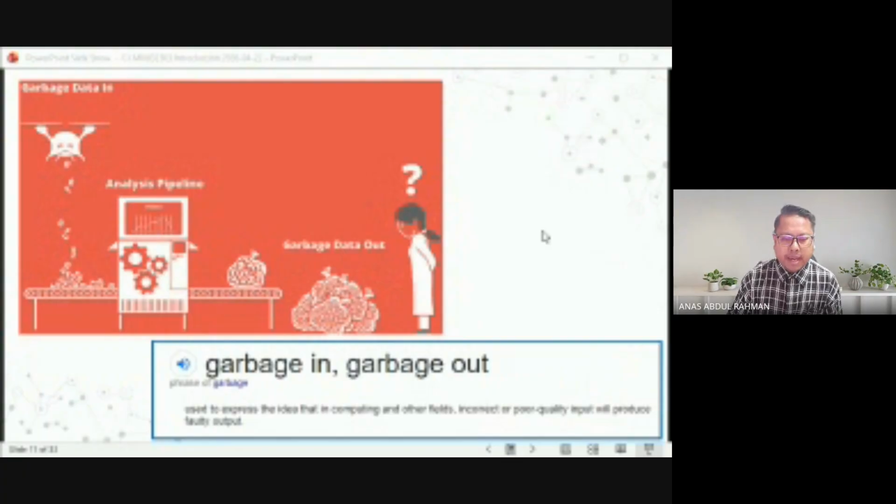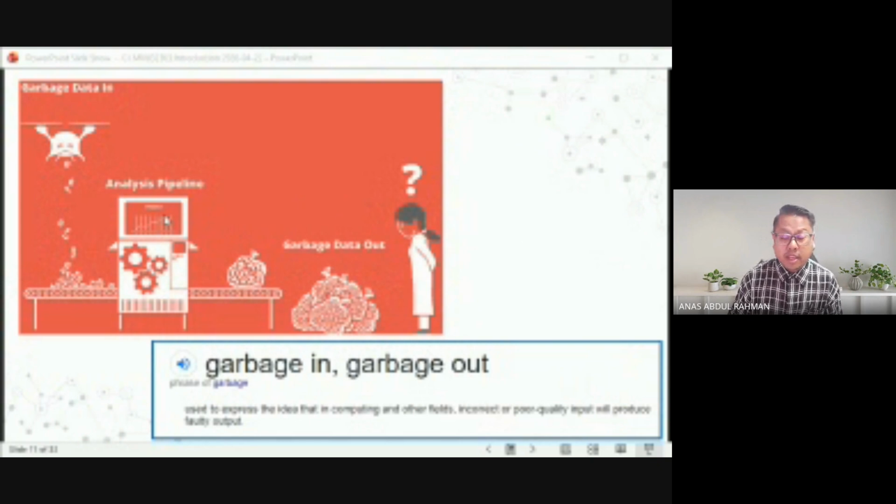Okay, but there is something very important in computer science, the jargon or terminology that is called garbage in, garbage out. The thing about tools, especially computer tools or CFD tools, is that the output of the software is highly dependent on the input. And the input here is basically from the user.